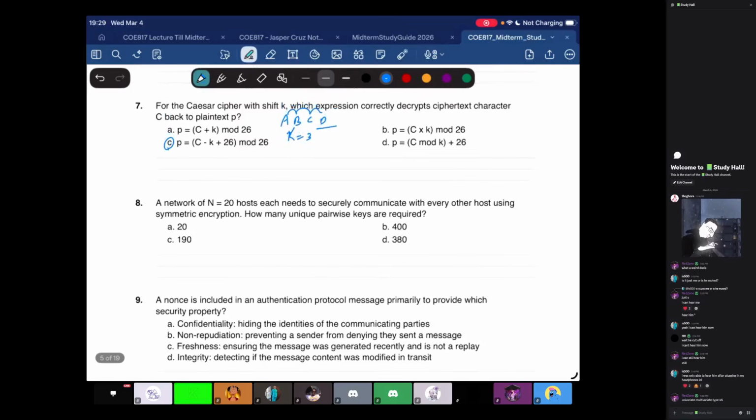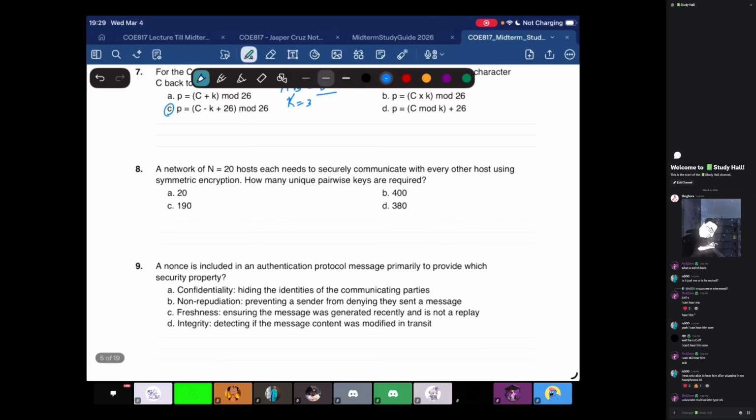Okay. Next question. A network of n equals 20 hosts each need to securely communicate with every other host using symmetric encryption. How many unique pairwise keys are required?